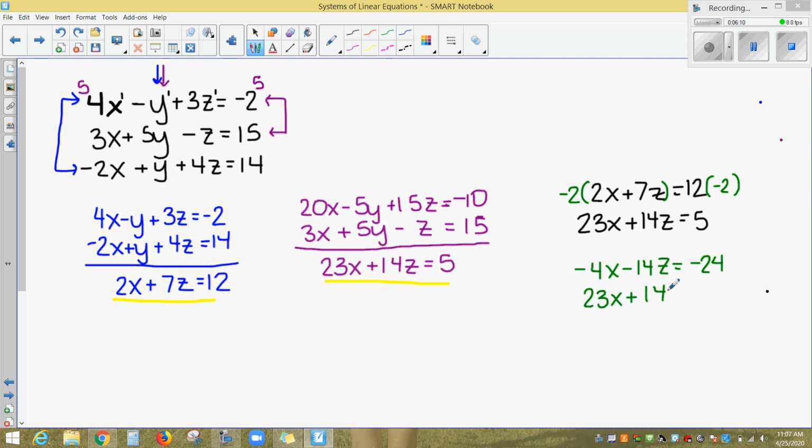The bottom one didn't change because it already was the way I needed it to be. So 19x, my z's are gone, equals negative 19. And when I solve for x, I get x equals negative 1.